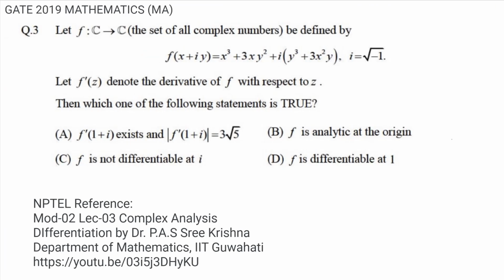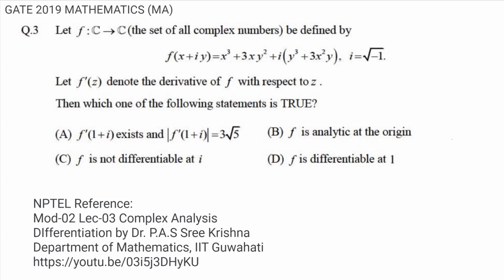So now looking at the options, we can see it is asked to check whether f is differentiable or not at the points i, 1 and 1 plus i. And of course, option B is about analyticity.